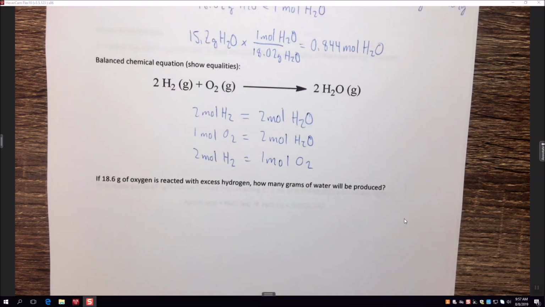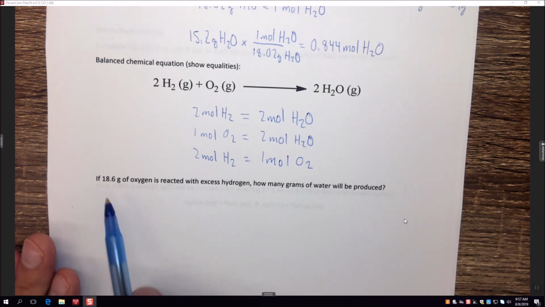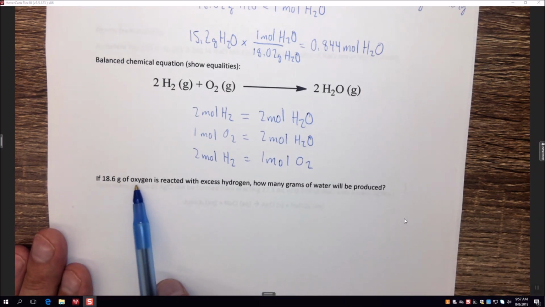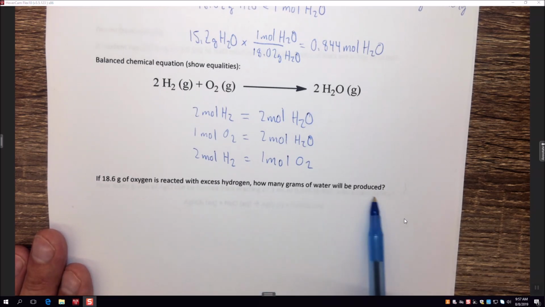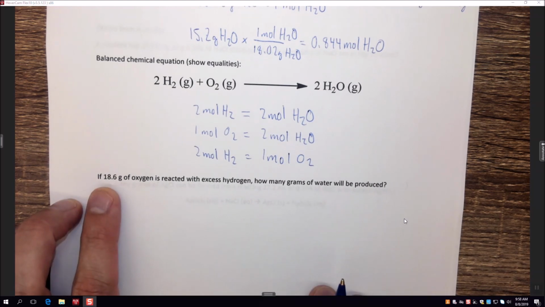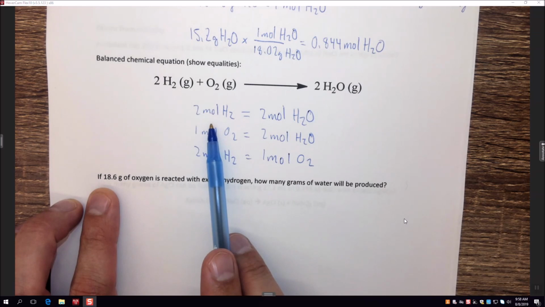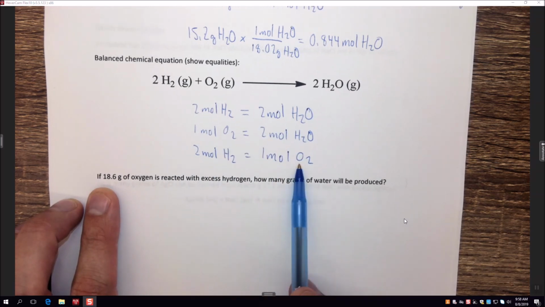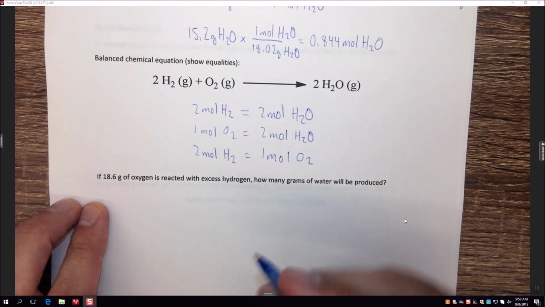So now we can put these 2 concepts together and answer this last question, which says if 18.6 grams of oxygen is reacted with excess hydrogen, how many grams of water will be produced? What we'll notice here is that in the balanced chemical equation, the units that are related are moles and not grams. So we can't consider the grams of oxygen.